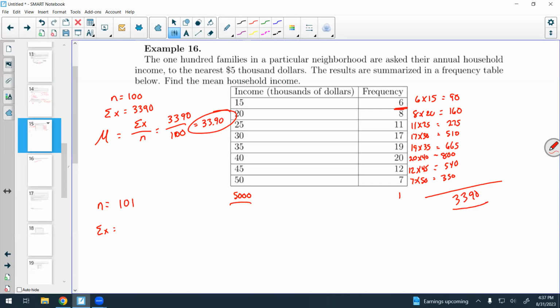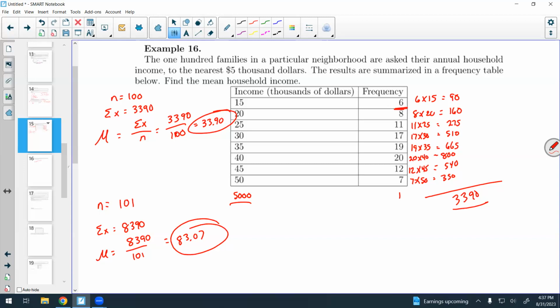I'm going to add 5,000 to it. So that gives me 8,390. So what's my new mean? I get 83.07.